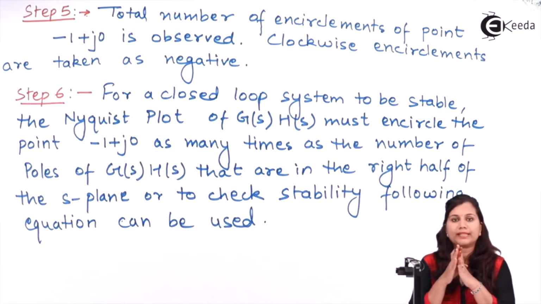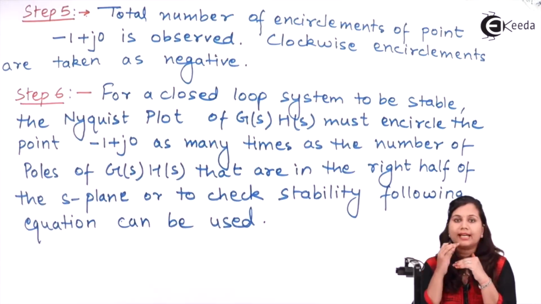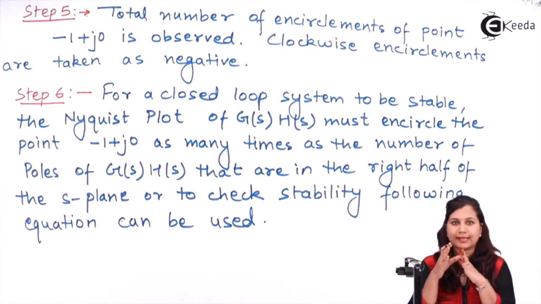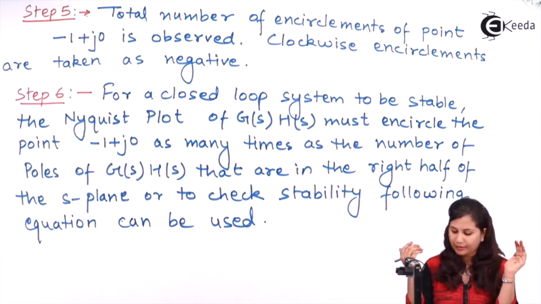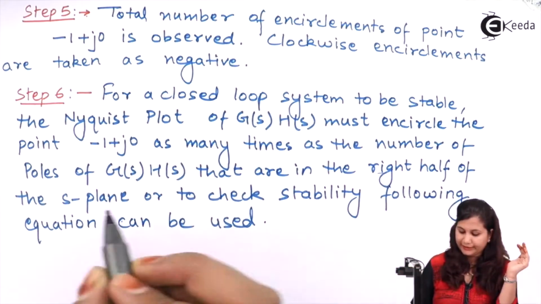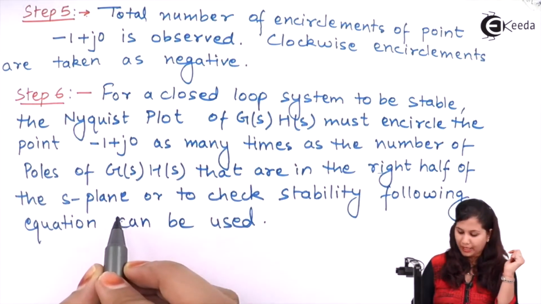Because if the poles are lying on the right hand side, that means the system is unstable. If the roots have a positive real part, they will lie on the right hand side of the s plane and the system will be unstable.